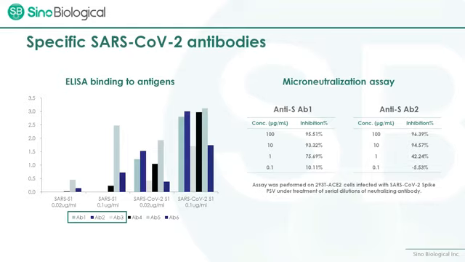And we see that antibodies number 1, 2, and 3 can interact with SARS-CoV-2 spike but did not interact with the original SARS spike proteins, which means these are probably spike-specific antibodies.